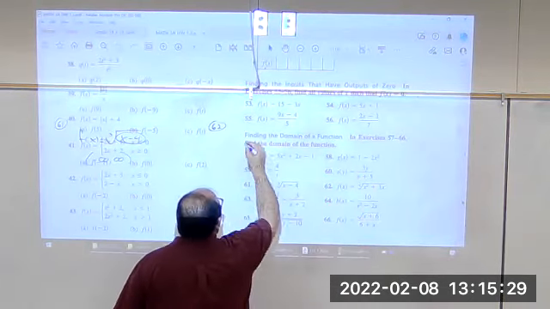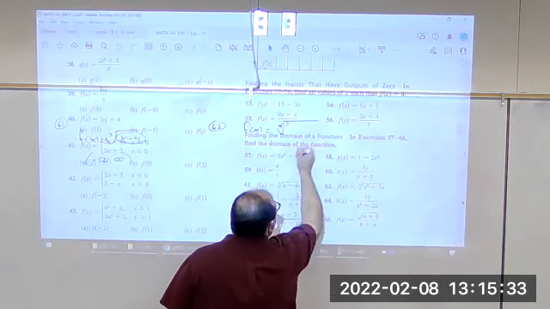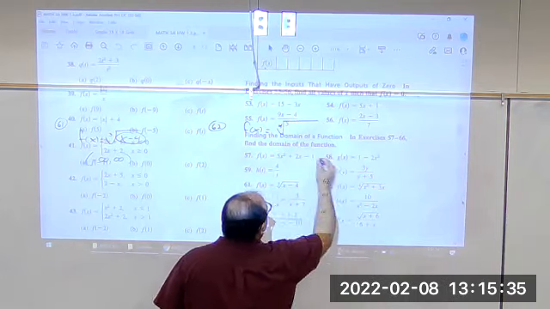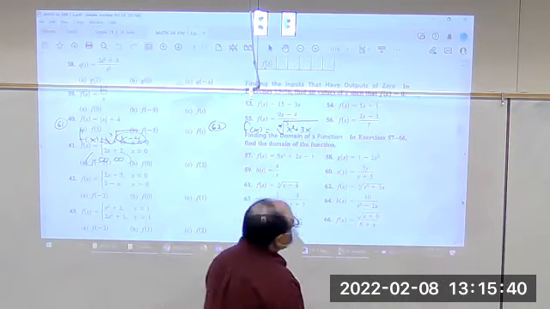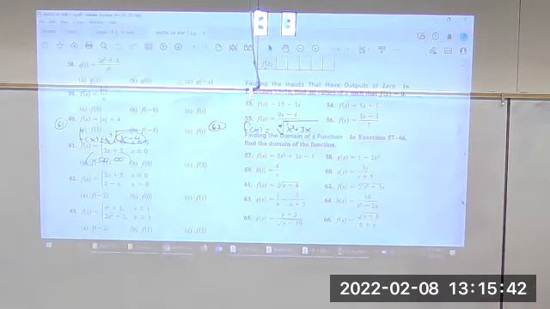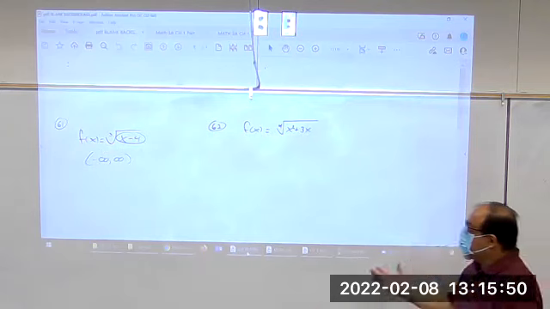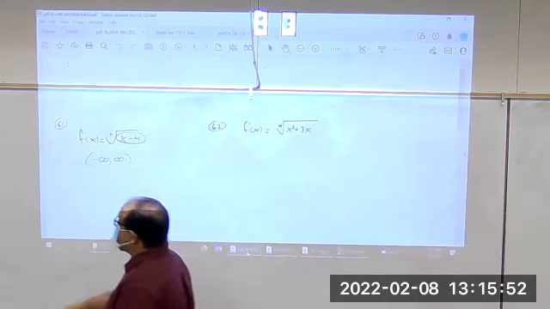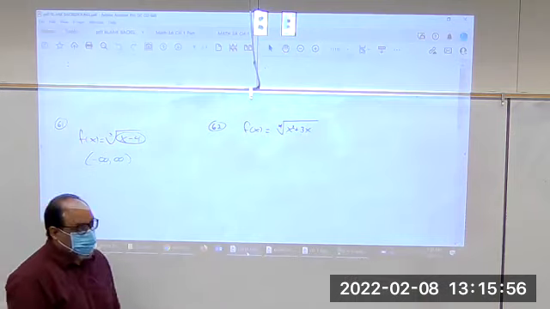f of x is the fourth root of x squared plus 3x. So that's an even root, and if you have an even root, we have a potential for bad stuff if it's an even root of a negative.